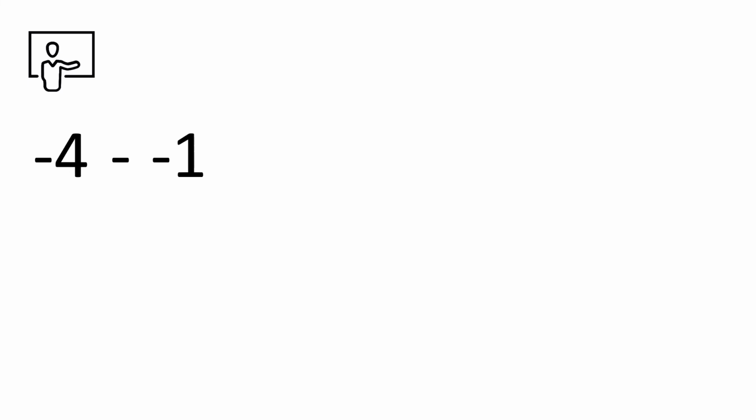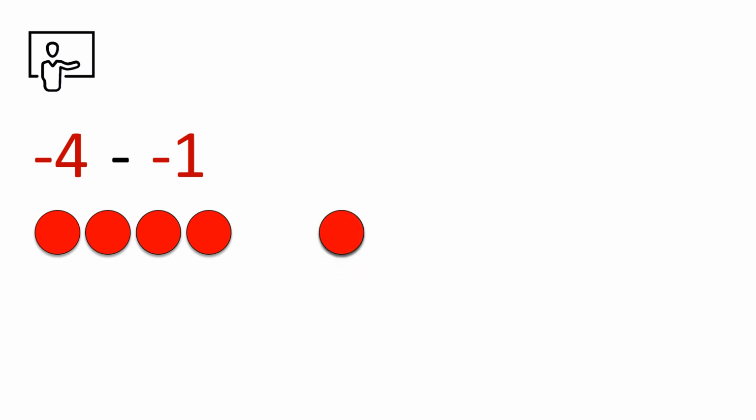So let's start to look at something that's slightly different. This time we have clearly two negative numbers. So we're going to start off with the -4. This question says -4 minus -1. Now we don't want that minus, we want an add. So this time we're going to add not -1, we're going to add +1.